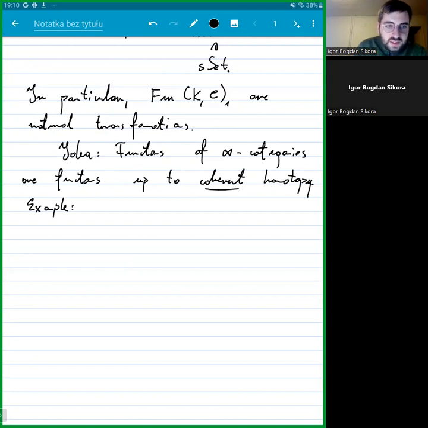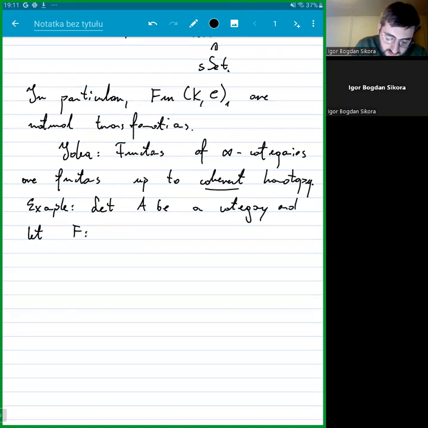As an example, let's take some category A, and let F be a quasi-category functor from the nerve of A to C, where C is some quasi-category. So this was supposed to be a functor of quasi-categories.